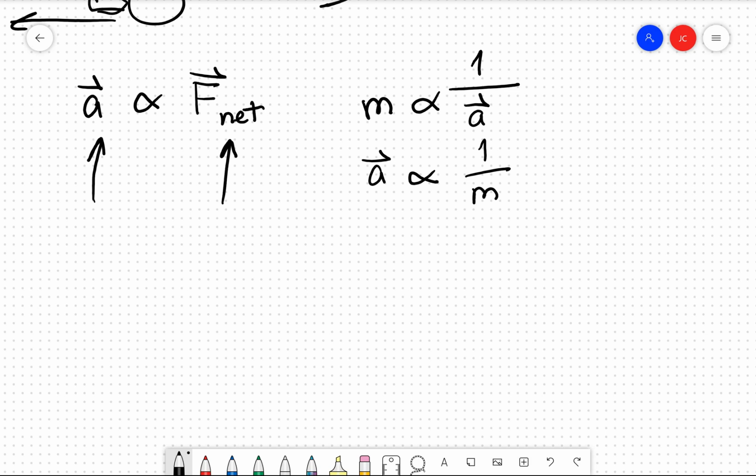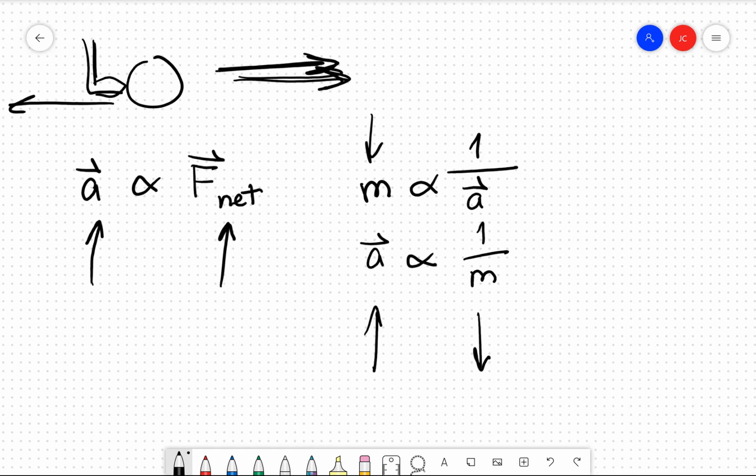That means that the acceleration would be a lot greater for the smaller box. The less mass the box has, the greater the acceleration if the force is the same. That means that as acceleration goes up, mass goes down, or as mass goes down, acceleration goes up. The smaller the object, the less force you need to make it reach a certain acceleration.